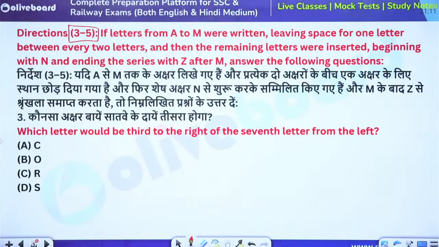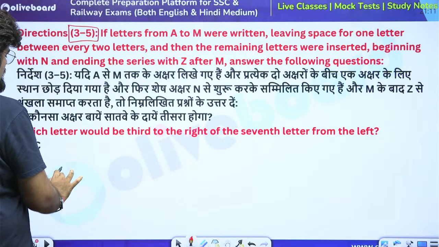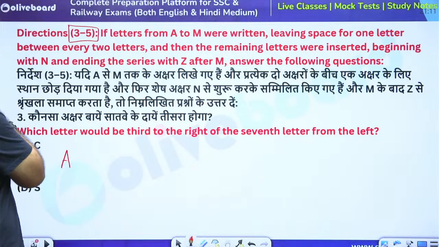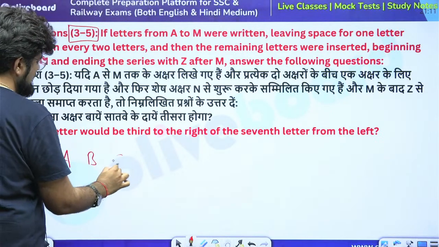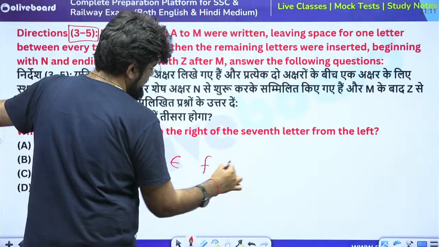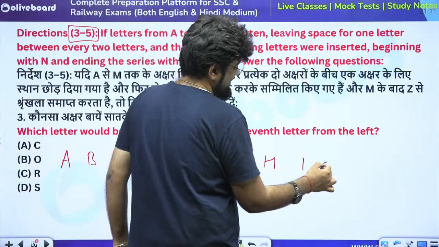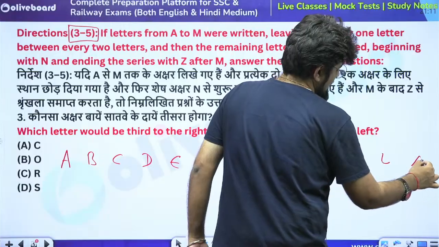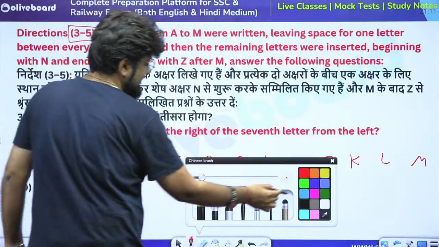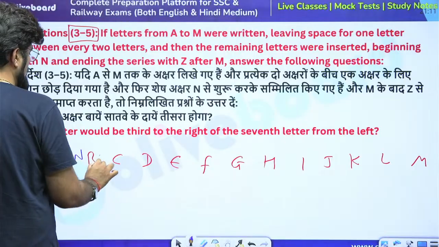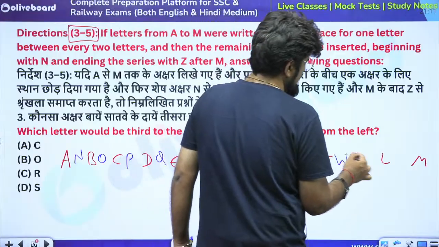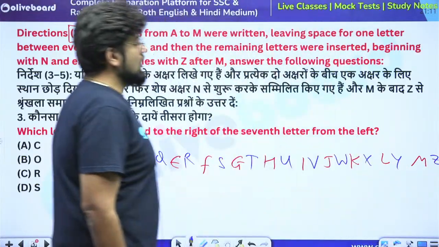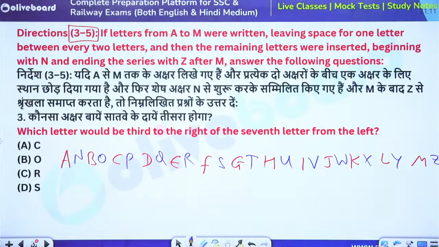So if letters from A to M were written, leaving space for one letter in between, so we'll write A, B, C, D, E, F, G, H, I, J, K, L, M, followed by, we'll change the ink, N, O, P, Q, R, S, T, U, V, W, X, Y, Z. Now the question is asking us, which letter would be third to the right of the seventh letter from the left?